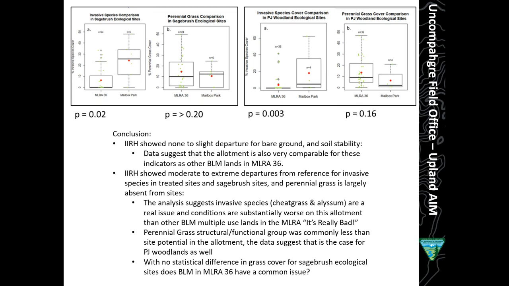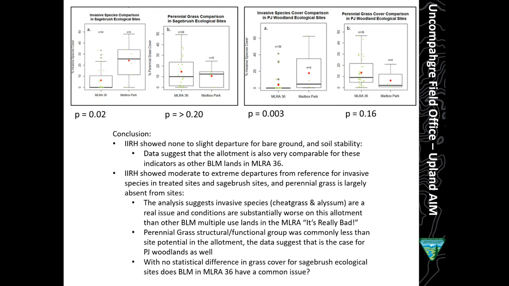Our IRH process showed that there was none to slight departure for bare ground and soil stability. And this data analysis process just reaffirmed that the allotment is also very comparable to other indicators, very comparable to other BLM lands within the MLRA 36.